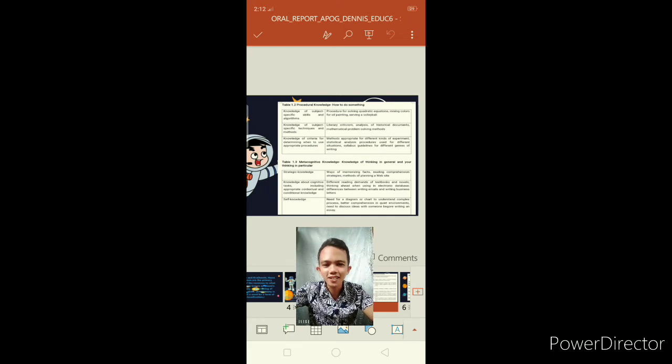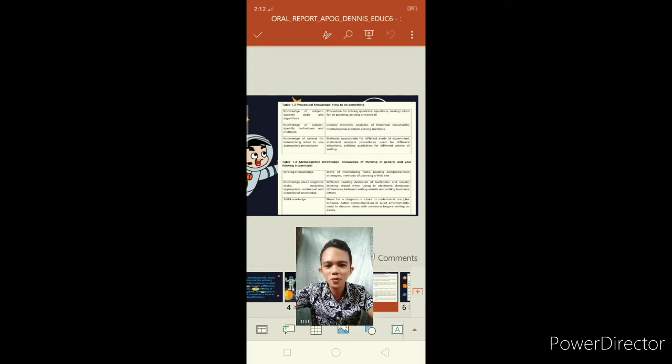Students can manipulate and engage in different reading demands of textbooks and novels, thinking ahead when using an electronic database, and differences between writing emails and writing business letters.